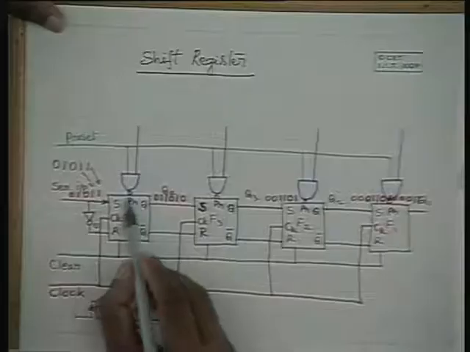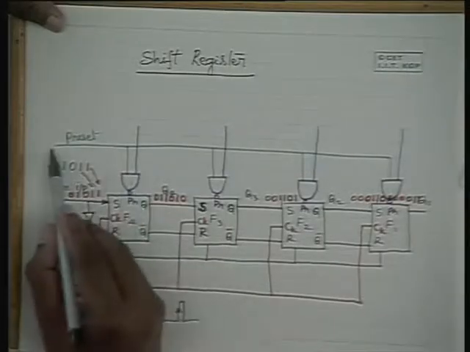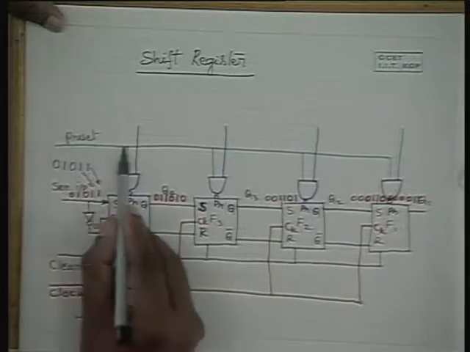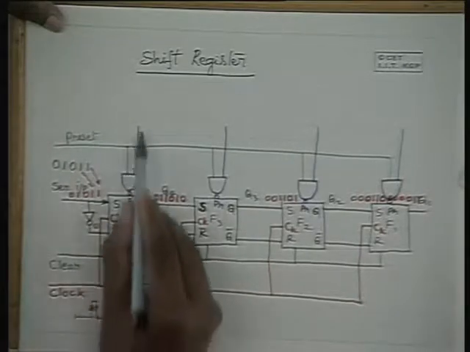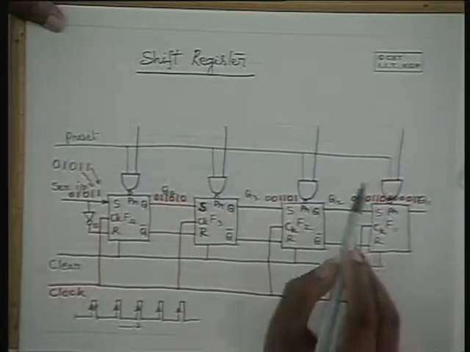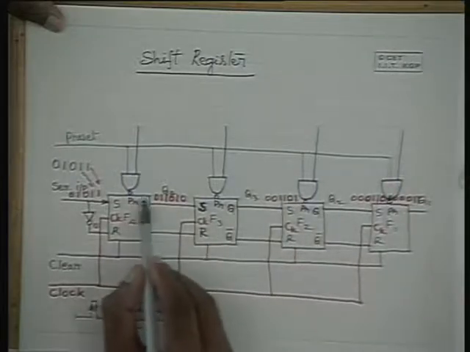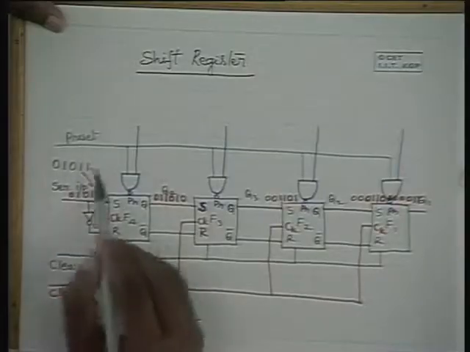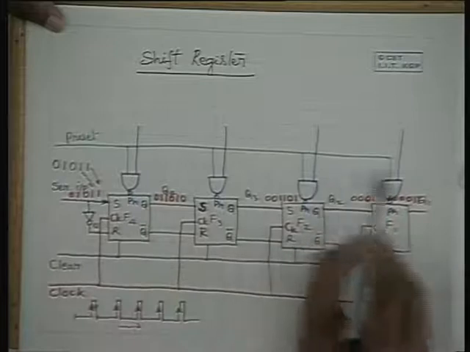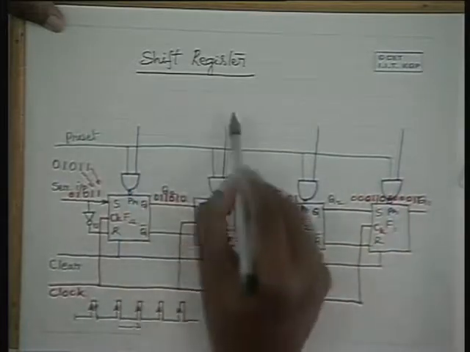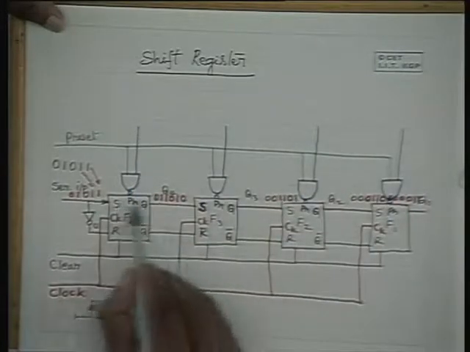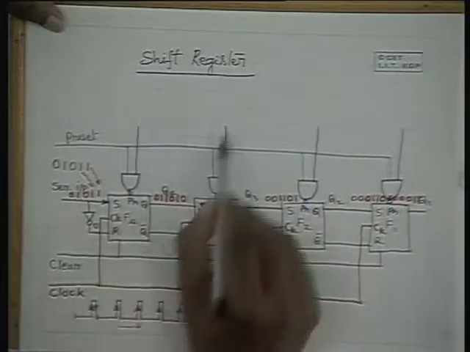Now if you make this PR 1 by making this preset input 0 irrespective of other inputs, this preset is non-effective because it is a 1 when preset is 0. That means when 0 is applied to this preset line, you cannot apply any input and you cannot disturb the preset input through these inputs.